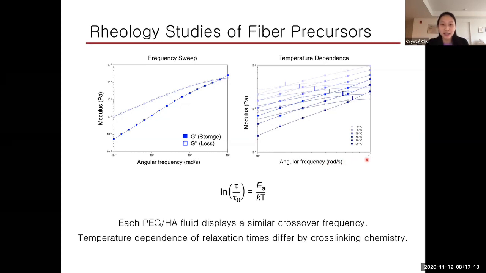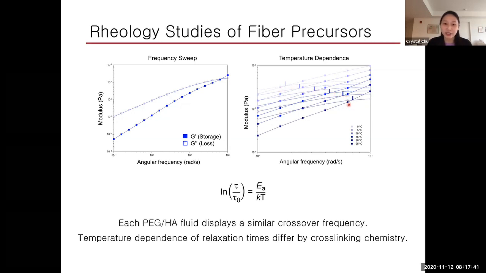So in this graph, this is an overlay of several experiments on one material. This is just the fiber precursor that results from mixing hyaluronic acid with the unfunctionalized phenylboronic acid. So for one of those materials, and for each one of the materials, we ran frequency sweeps at different temperatures to look at the temperature dependence.